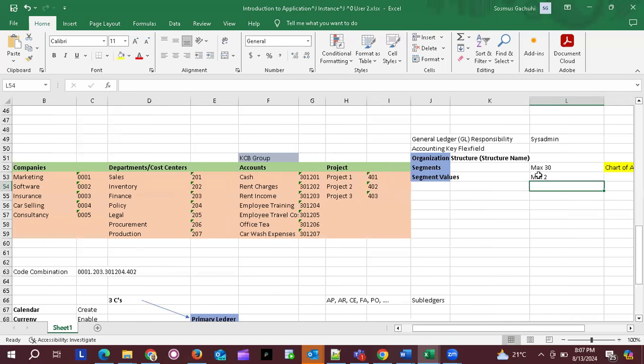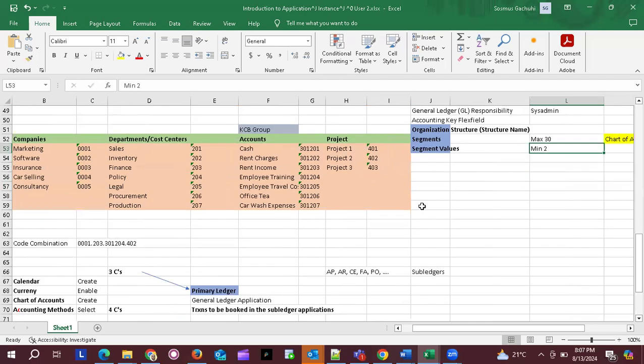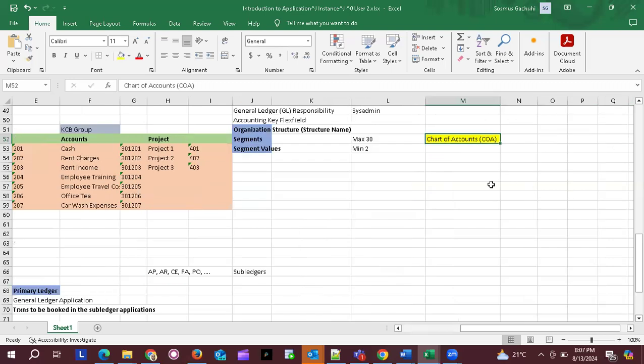With this minimum, you can create a chart of account. With the maximum of 30, you can also create a chart of account, but it's not advisable. It's not best practice.